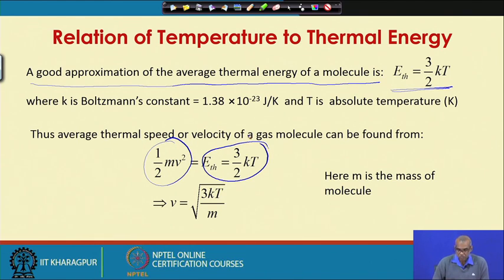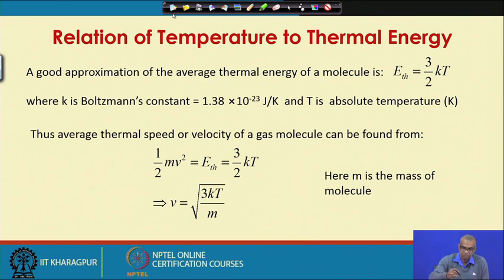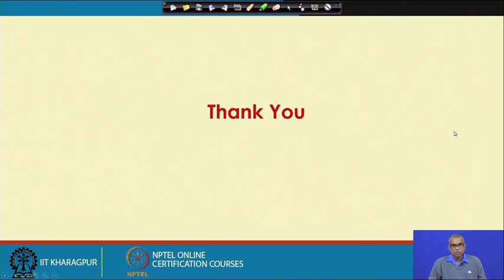From this I can find the average speed or velocity as square root of 3kT by m, where m is the mass of the molecule. So, we will stop our introduction to temperature here.